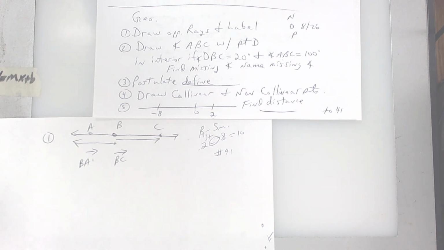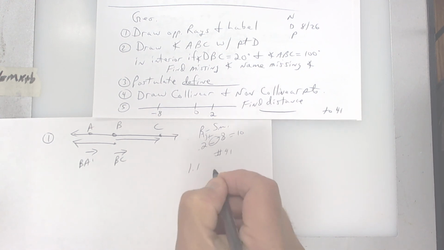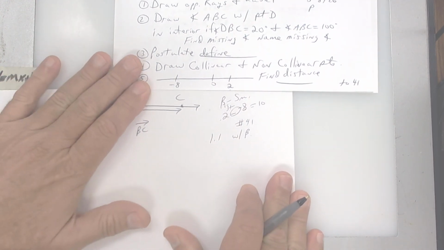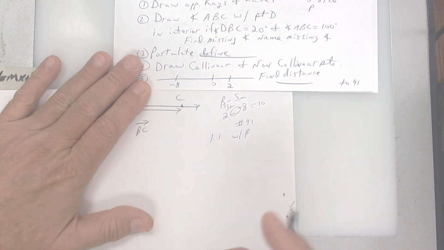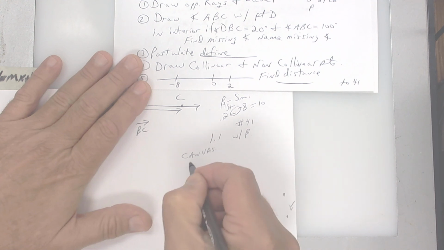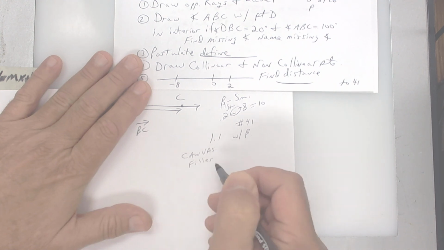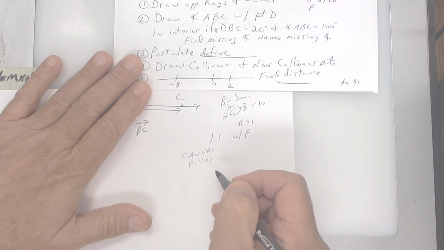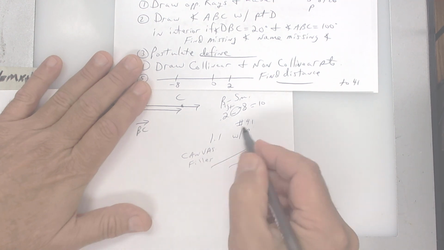Okay, my pages are a little messed up, but it's 1.1 in the workbook. And by the way, I now have the workbook loaded. You're going to go to Canvas, go to Files, and download the workbook. It's all there. All right, to number 41, 1.1.